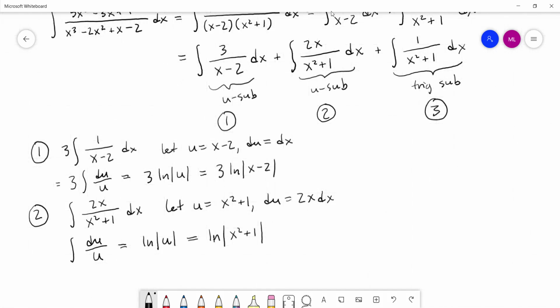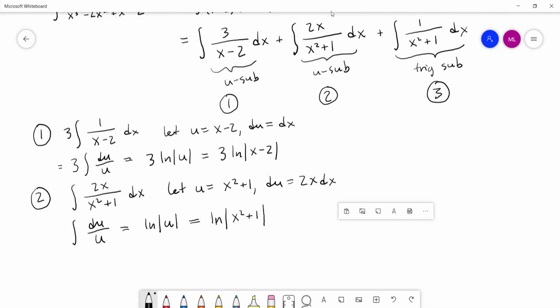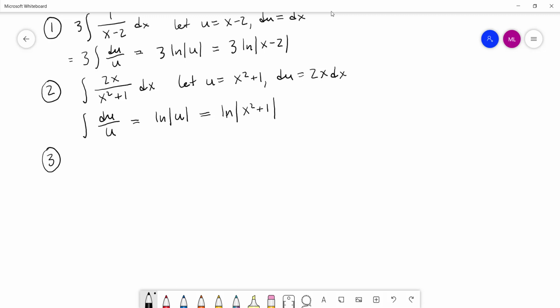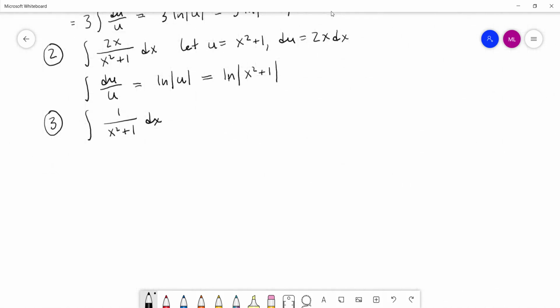And the last one is that trig sub problem, or recognizing it as an arctan. It's the integral of 1 over x squared plus 1 dx. We'll draw our triangle. Put in my theta. The term that I'm interested in is trying to rewrite this in terms of theta. That length is going to be the one that shows up on the hypotenuse.